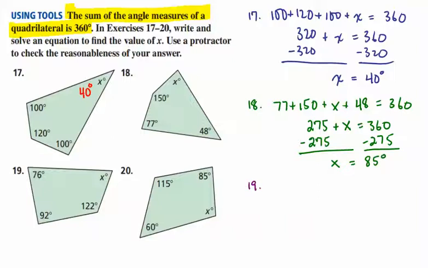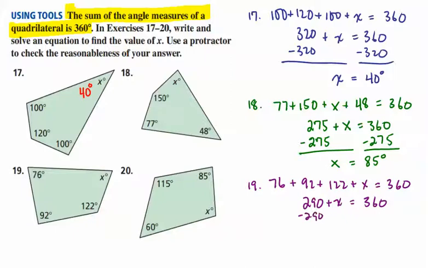In number 19, our angle measures are 76 degrees plus 92 degrees plus 122 degrees plus x, and they have to add up to be 360 degrees. When we add 76 and 92 and 122, we end up with 290 plus x is equal to 360.